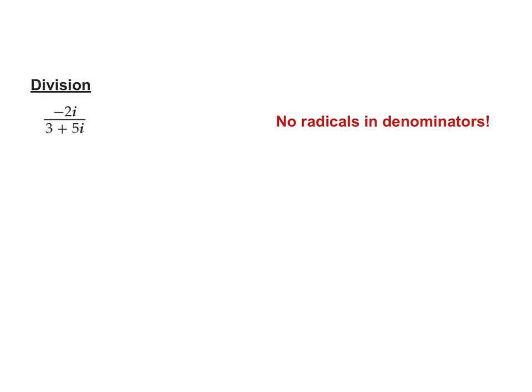The way that we get rid of radicals in denominators, the phrase is called rationalizing the denominator. Okay? And in this case, I have a binomial in the denominator. So the way that we get rid of the radical in the denominator when I have a binomial is I multiply top and bottom by what's called the complex conjugate.